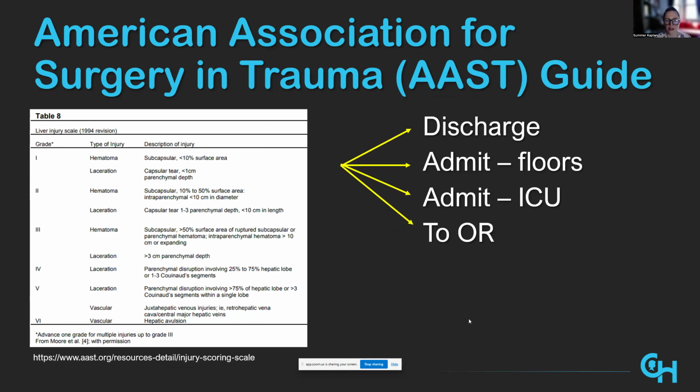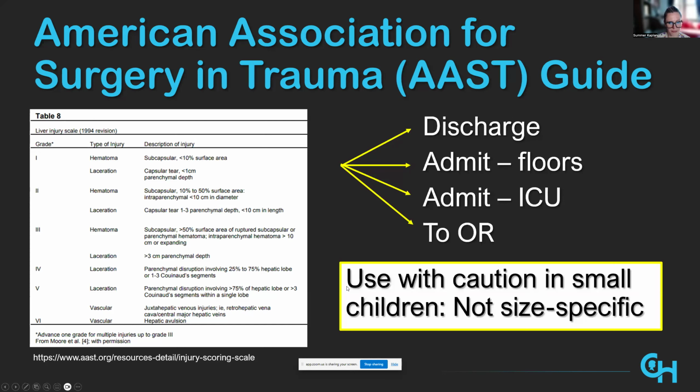These scales help the clinicians decide whether the patient can be safely discharged, whether they should admit the patient to a general floor or to the ICU, or whether they need to go directly to the OR. The liver scale has 6 different categories.